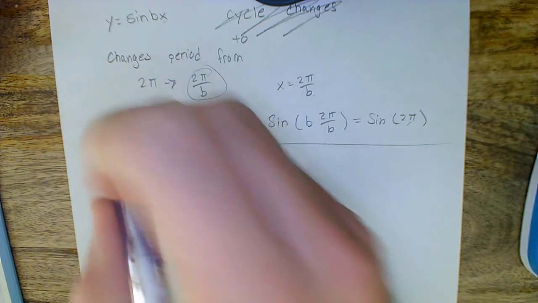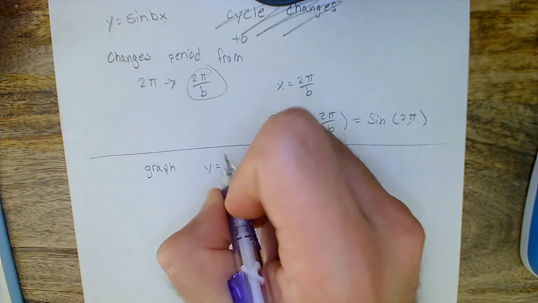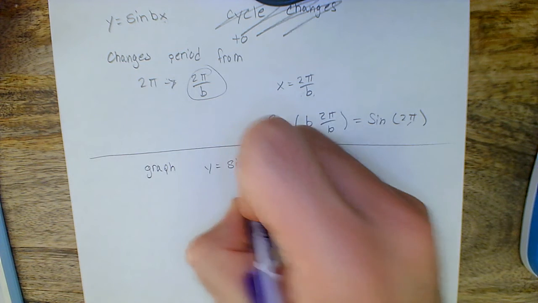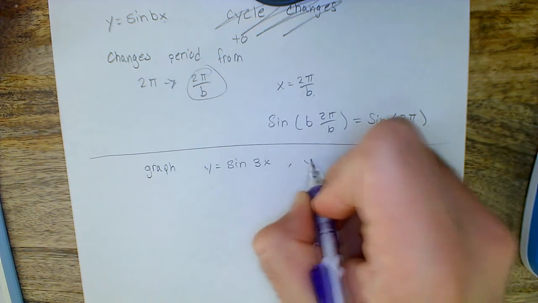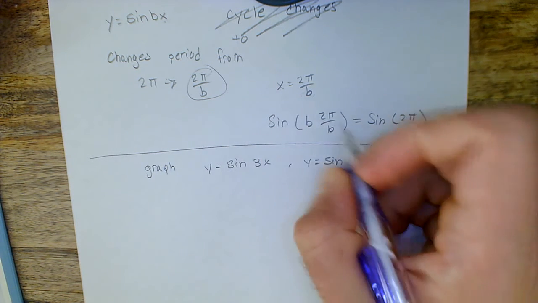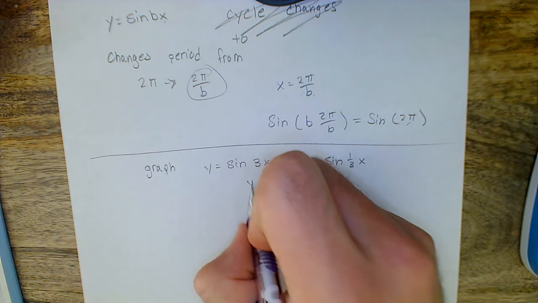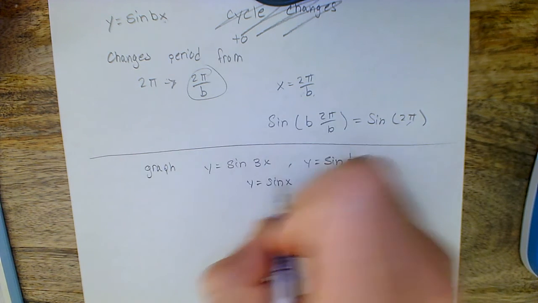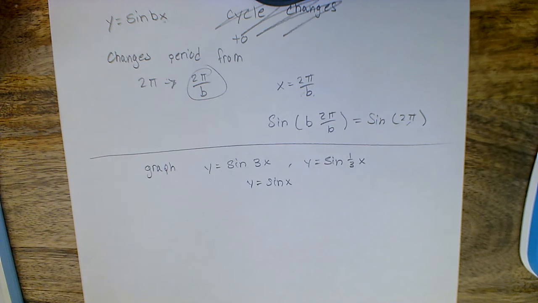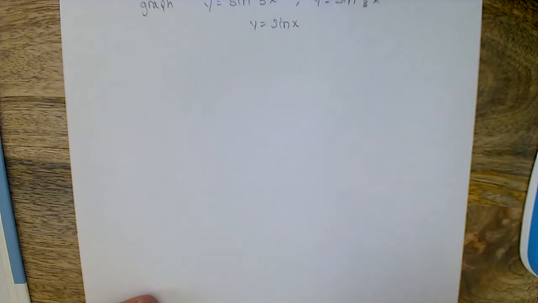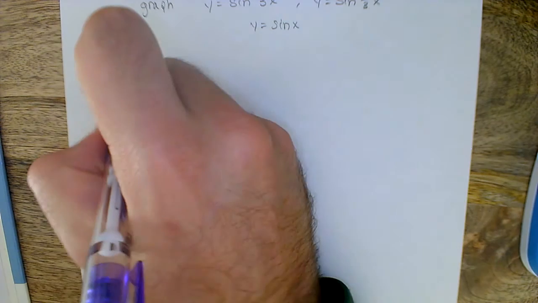So let's graph y equals sine 3x, y equals sine of 1/3 x, and y equals sine x. It's kind of similar to what we just did. We're going to do it on one graph.